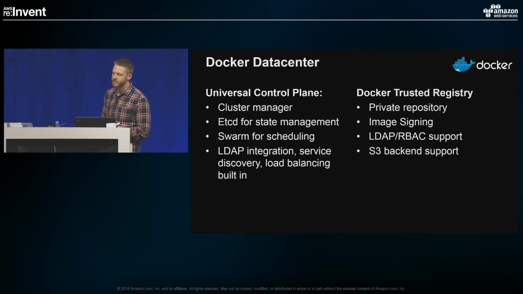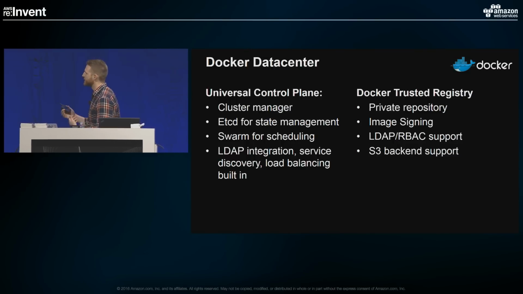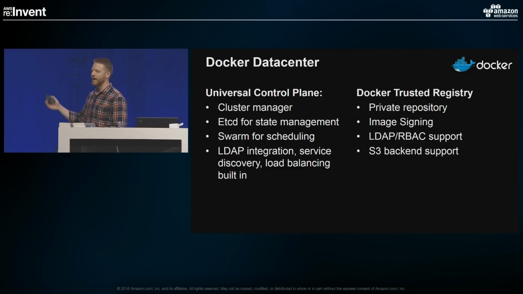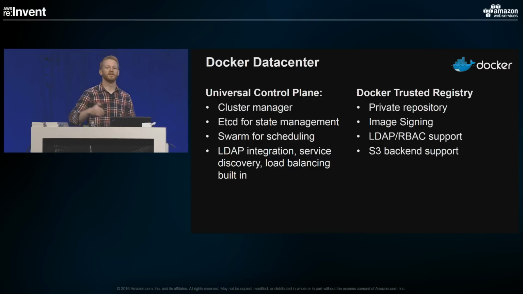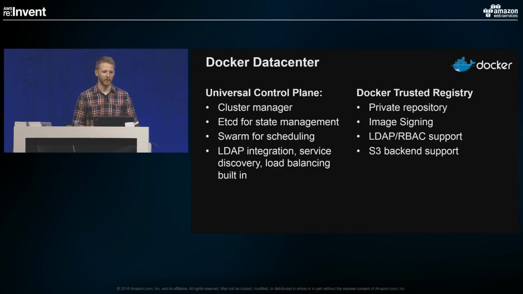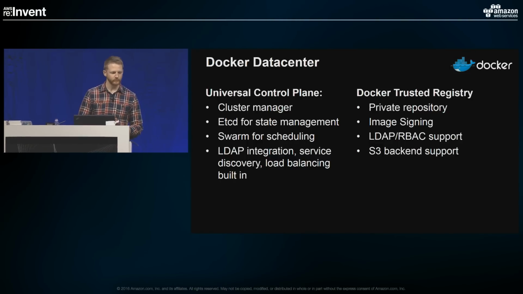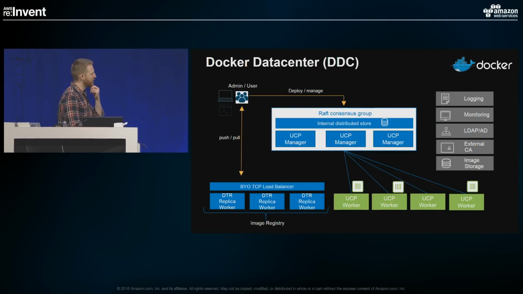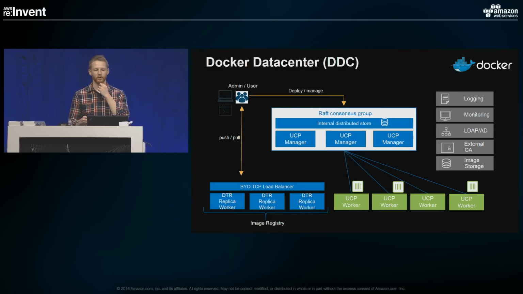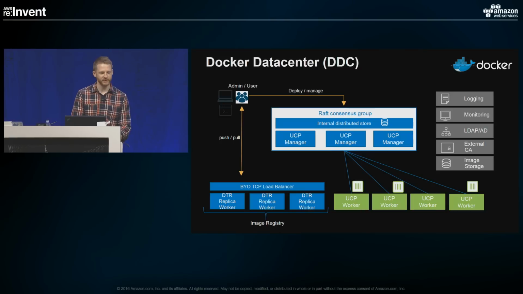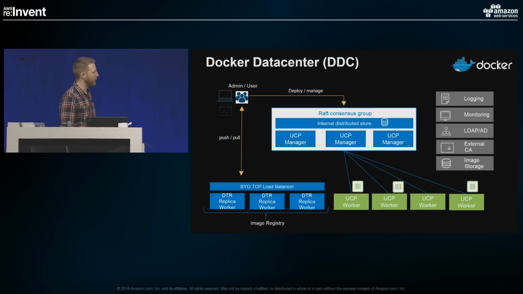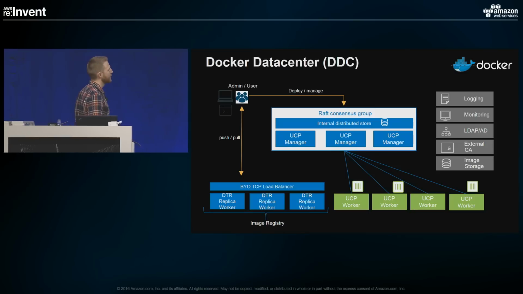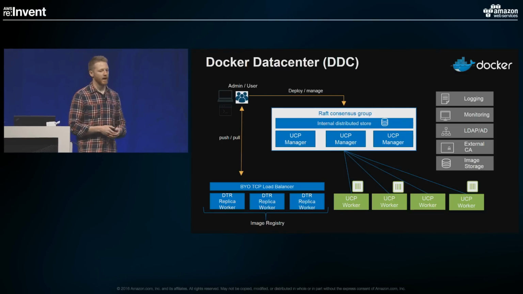And then Docker Trusted Registry here runs as a cluster of 3 instances, and again has things like LDAP support, content signing, and support for S3 as the backend, so you can store your images in S3 through DTR, which is a really nice feature. So if I have to generalize about DDC, I would suggest that it really includes a lot of bleeding edge features, especially in the container networking space. I think that's one of the impressions that this product has really left on me.